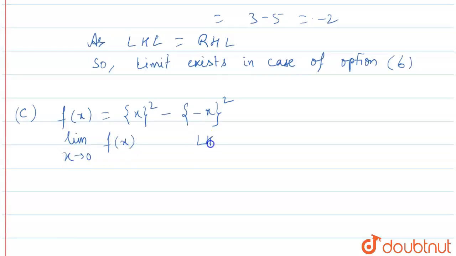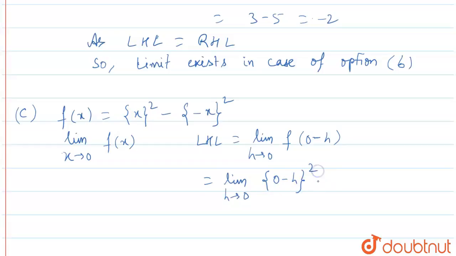So LHL part, we have limit h tends to 0 f of 0 minus h. That gives us limit h tends to 0 fractional part of 0 minus h square, 0 minus h here square minus h square.